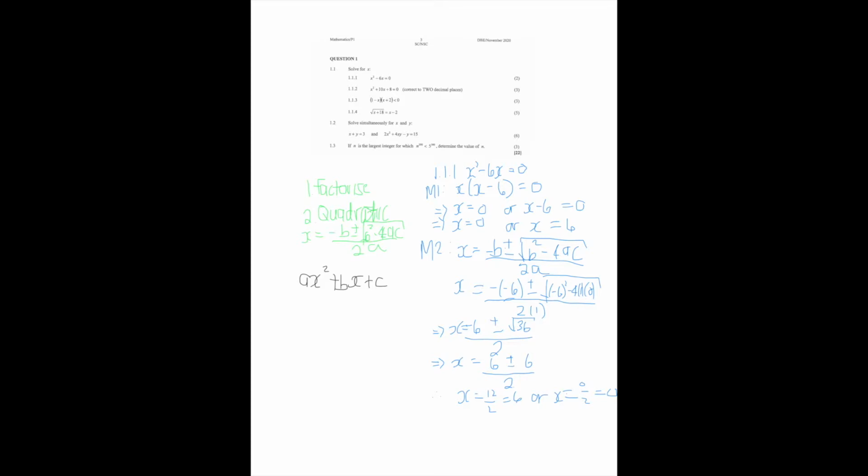If you use the quadratic formula, you would get your first mark from substituting the correct values of a, b, and c into the formula. All right, then your next mark comes from the correct values of x. So you get half a mark there, and then you get your total of 2 marks, and that's done for question 1.1.1.